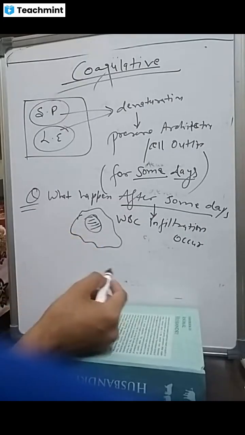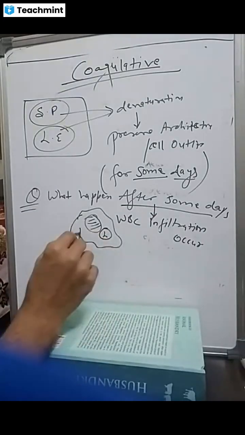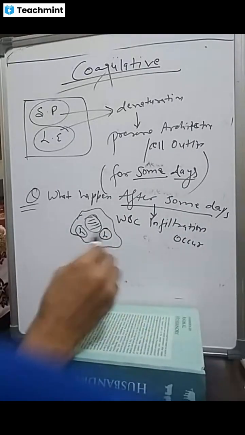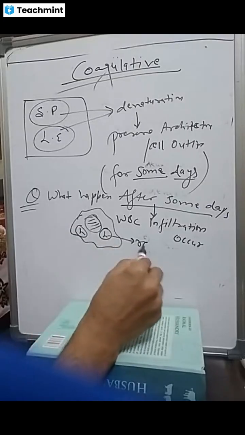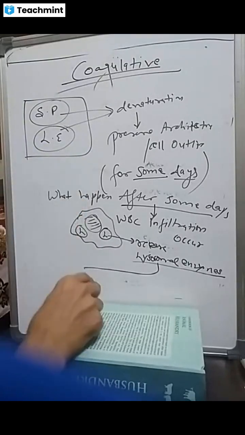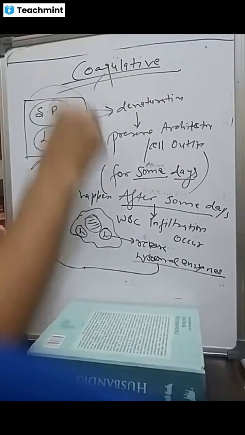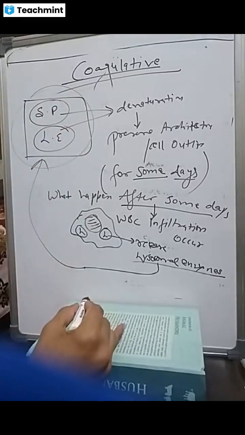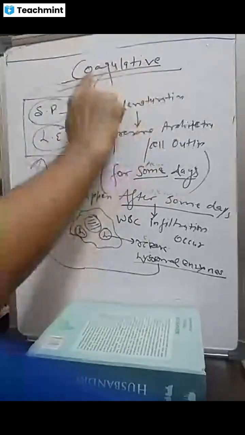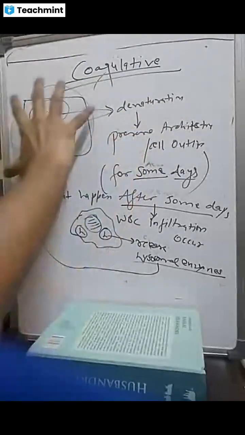These leukocytes have lysosomes. They release lysosomal enzymes that degrade the dead necrotic cells and remove them. So initially there is coagulation, denaturation, outline preserved.